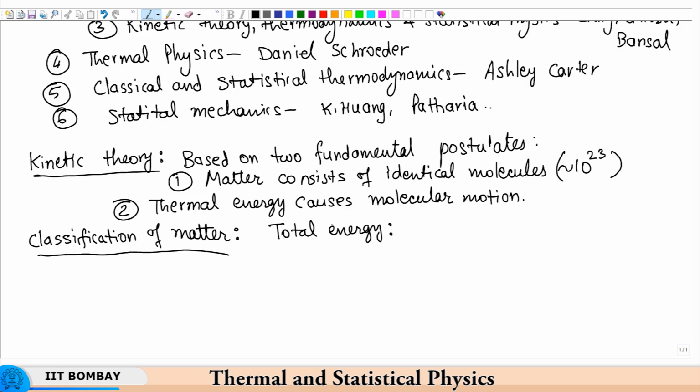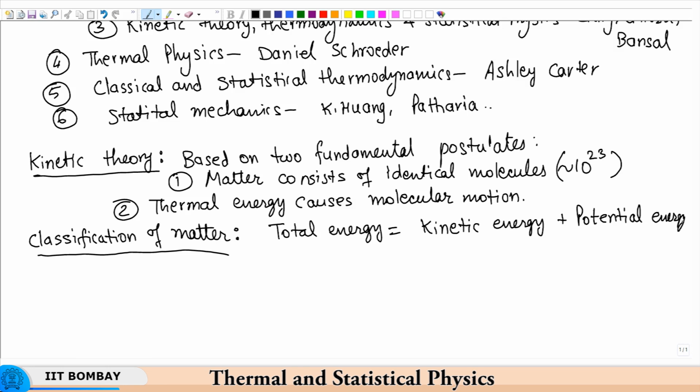So the total energy of any system at any given point is basically the sum of two parts. One is kinetic energy and the other one is potential energy. Like I said in the second postulate of kinetic theory, the kinetic energy is a consequence of temperature.